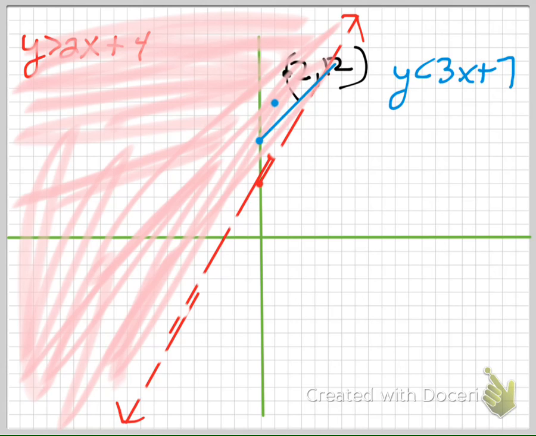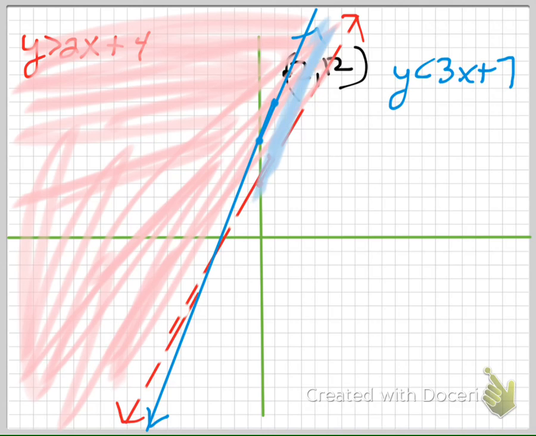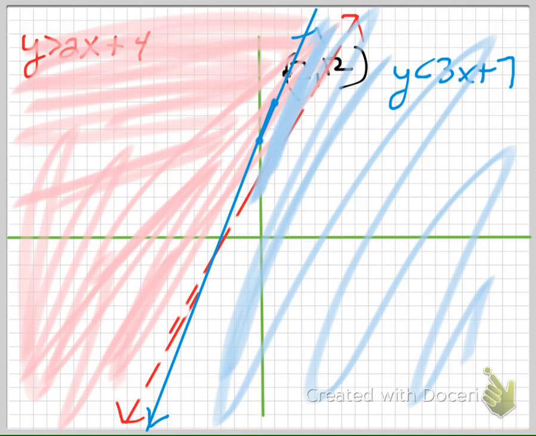Go up 3 over 1. Uh-oh. It happens. Where do we shade? Below, because it's less than, so it's all of this, right?